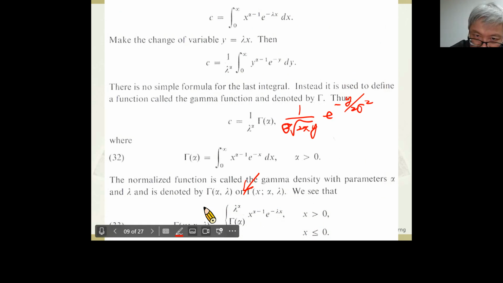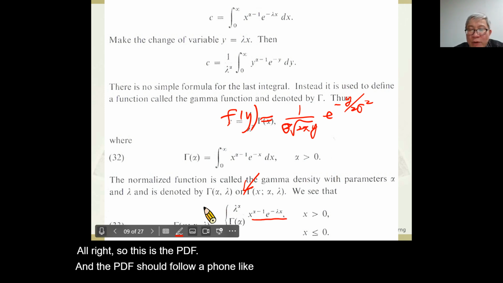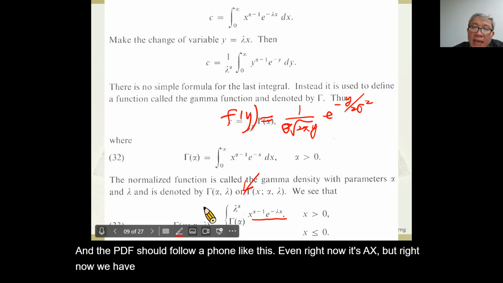Alright, so this is the PDF. And the PDF should follow a form like this. Even right now it's x, but right now we have a y, and for y here we have minus a half.